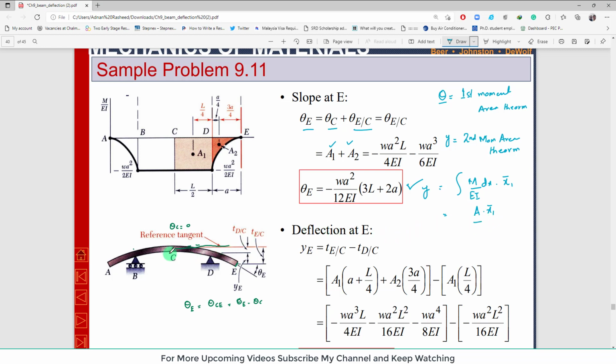So again, if you look at this point, you can have the deflection, clear, with respect to C, because at C there is a deflection.